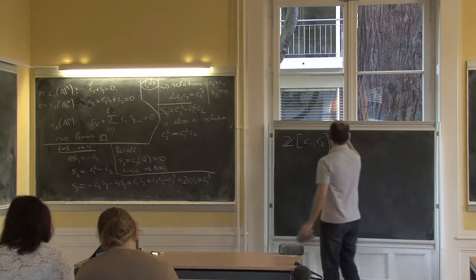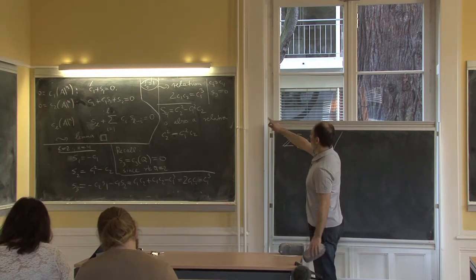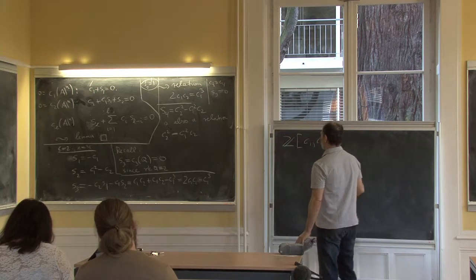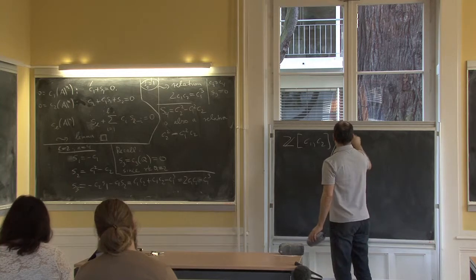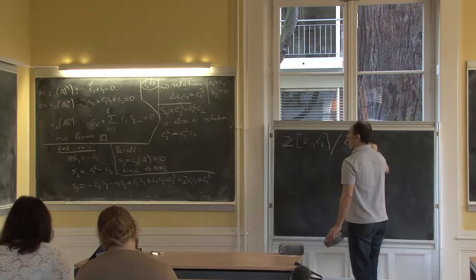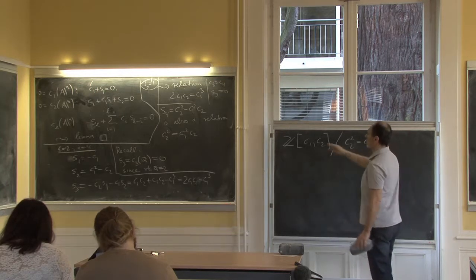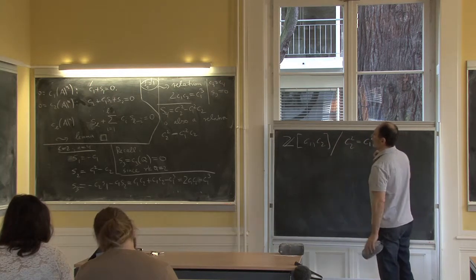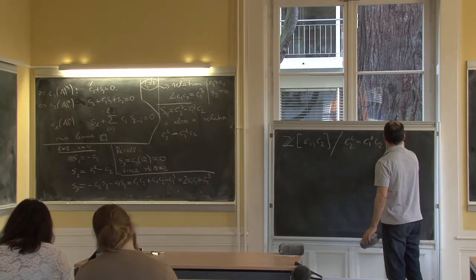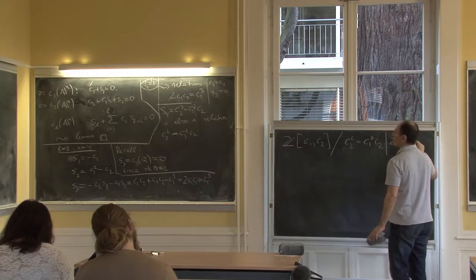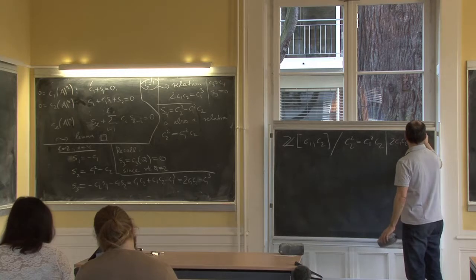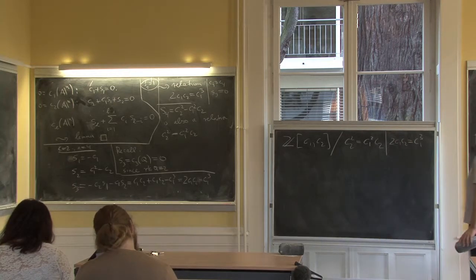And then we just divide by the following relations. One relation says that C2 squared is equal to C1 squared C2. That's the S4 case. And the other was that 2C1C2 is equal to C1 cubed. Okay?